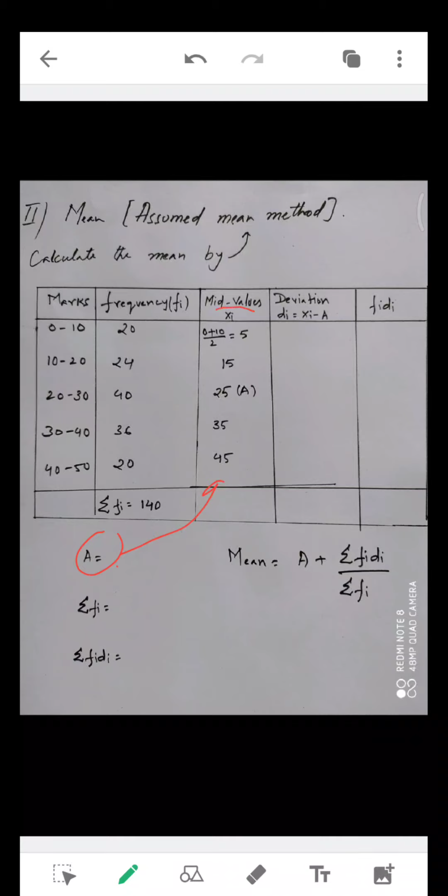From all these mid values, you can take any value from the middle. So here I have taken a as 25. Most preferably we take the middle one. So the a value here is 25.